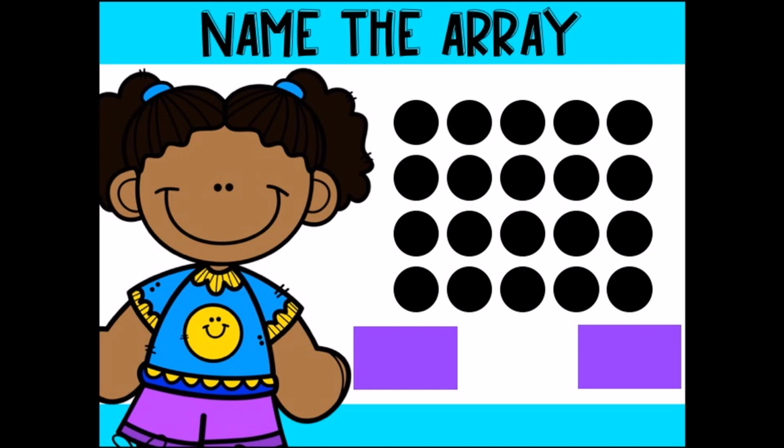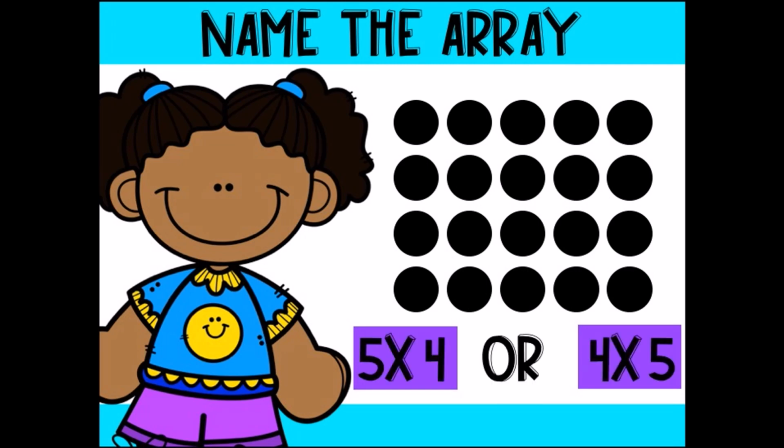Name this array using our multiplication symbol. Our answer is 5 times 4 or 4 times 5. I can count by fives 4 times to get my answer. 5, 10, 15, 20.